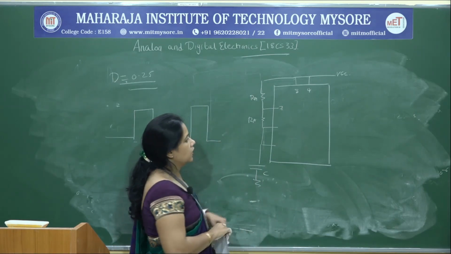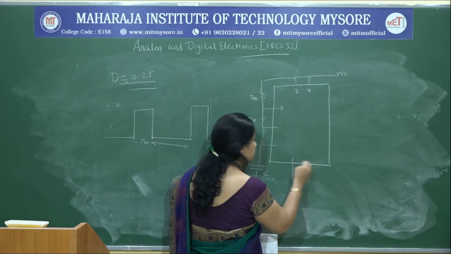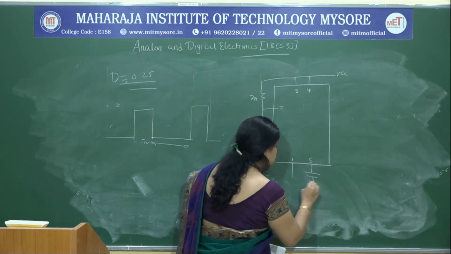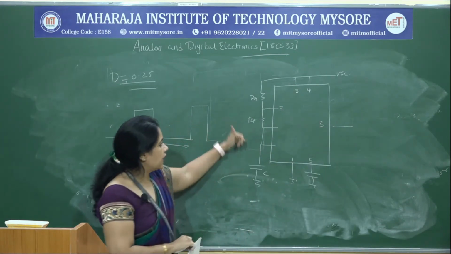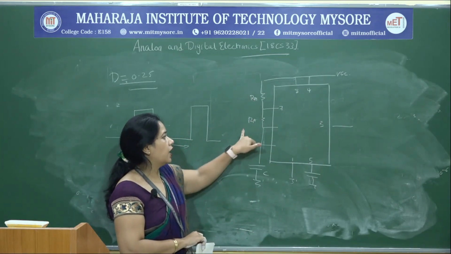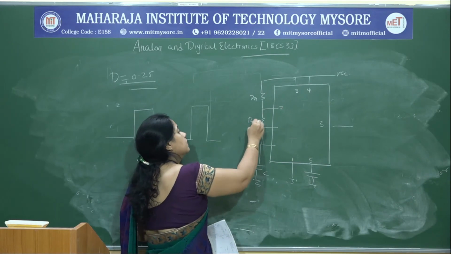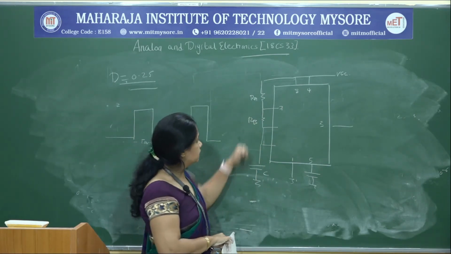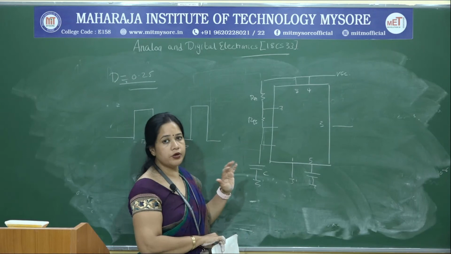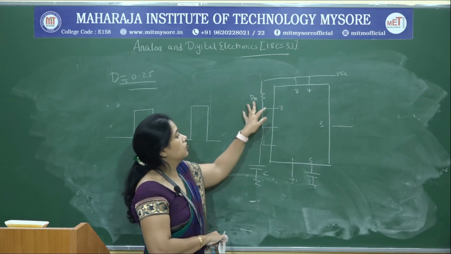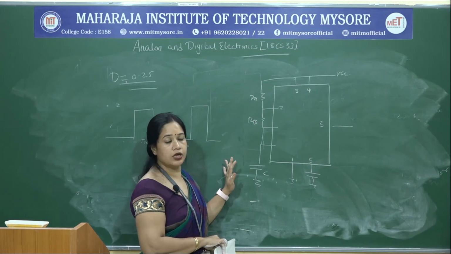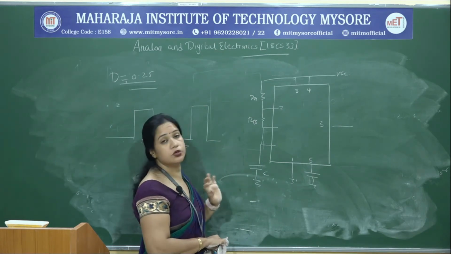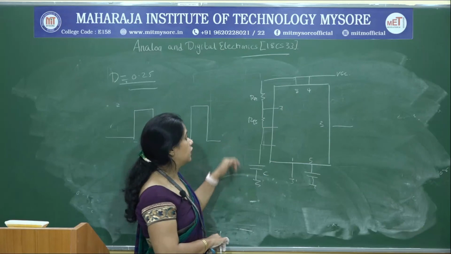So, you can see the capacitor always gets charged through RA and RB and discharges through RB. At no point of time can your T on be less than T off; T on is always greater than or equal to T off.